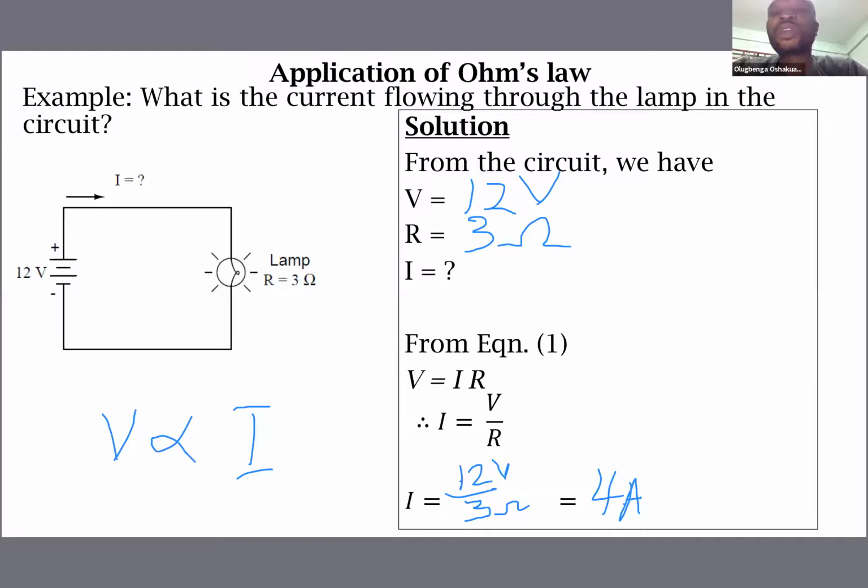And when large current flows, we would expect the bulb to be brighter. So we would expect a bulb of 2 ohms to be brighter than that of 3 ohms if they are made of the same material and connected to the same voltage source.